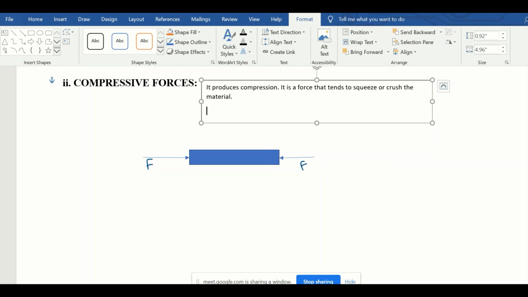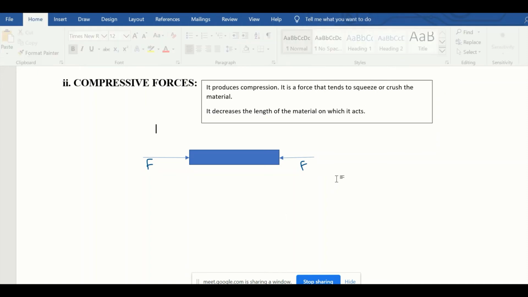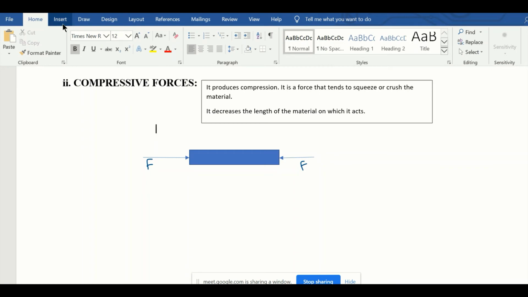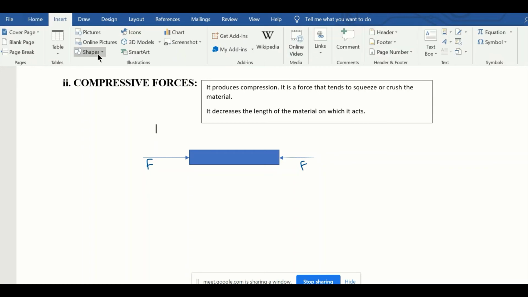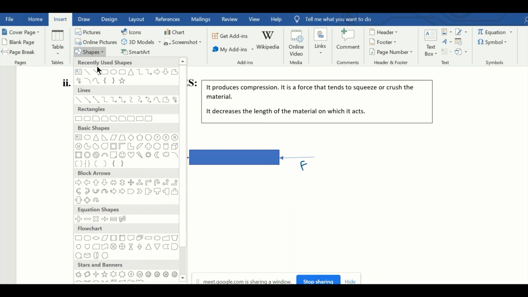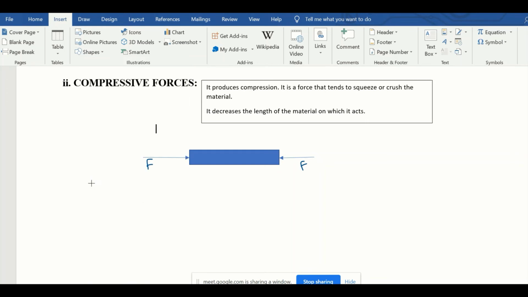So in writing, I'm saying that it decreases the length of the material on which it acts. All right, so that is for compressive force. It produces compression and it decreases the length of the material on which it acts.